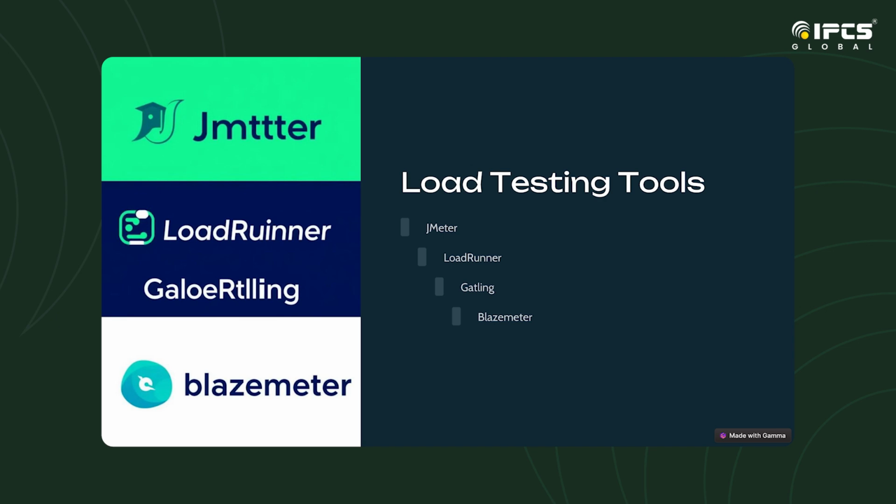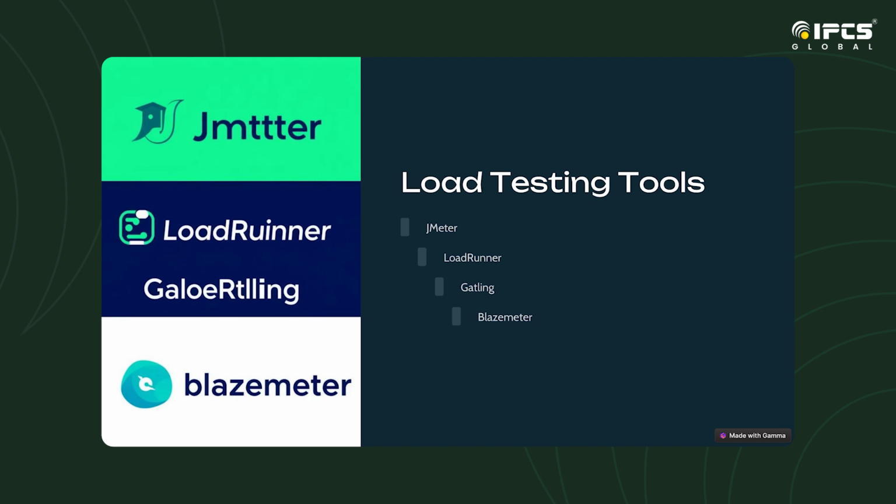Next, let's talk about LoadRunner. LoadRunner is a commercial tool, meaning it's a paid product, but it's packed with features, especially for complex systems. It's known for its detailed reporting and analysis, giving you a really deep understanding of how your application performs under stress.